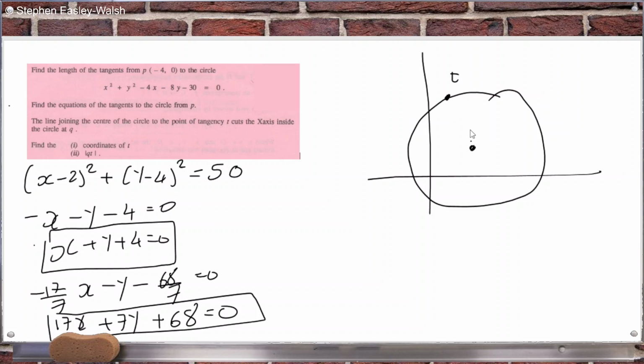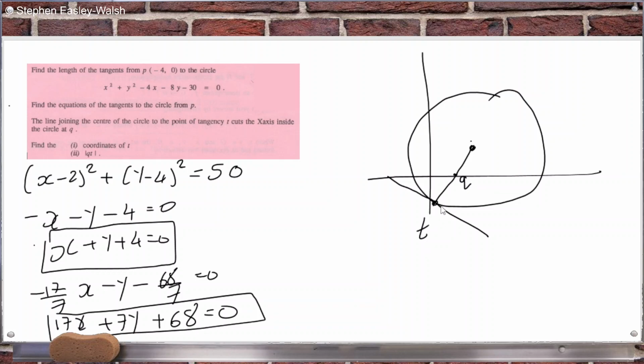But I guess my mistake was thinking it was up there earlier. It's kind of looking like it's going to be down below. I'll just say T here, and there's the tangent there, and it's going to cut it like that. Find the coordinates of T.